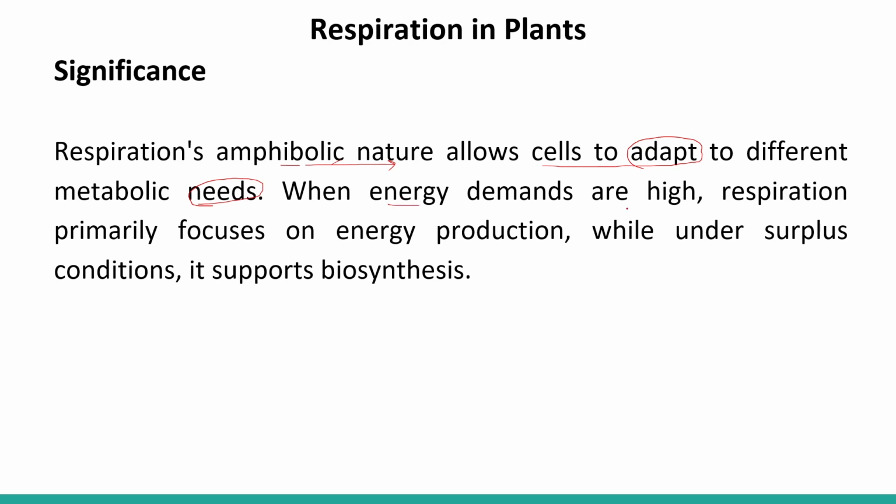When the energy demands are high, respiration will be favored, as the primary focus for energy production. While under surplus conditions, biosynthesis will be favored, meaning the anabolic pathway will be favored.